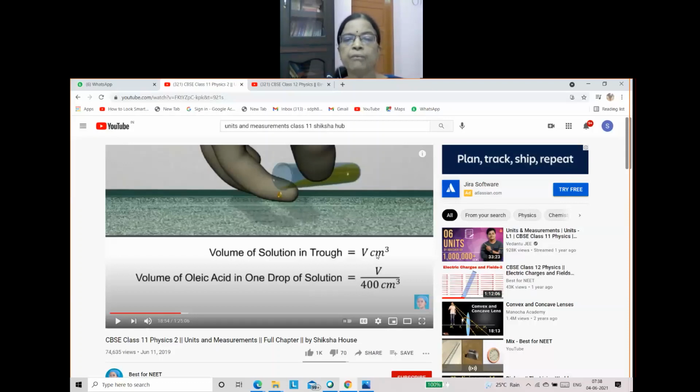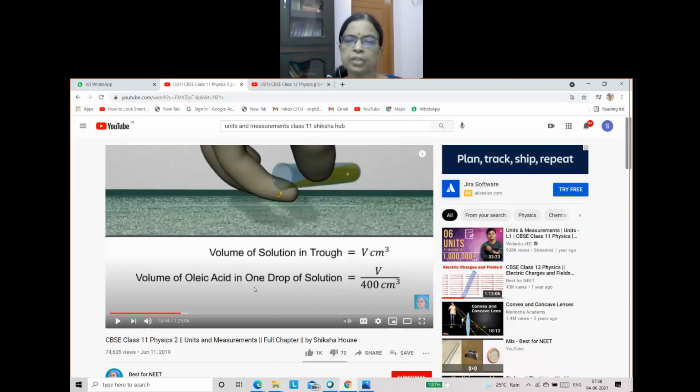And in V centimeter cube, how much part will be oleic acid? The volume of oleic acid in that drop will be V by 400. So V by 400 is the volume of oleic acid in one drop of that solution.